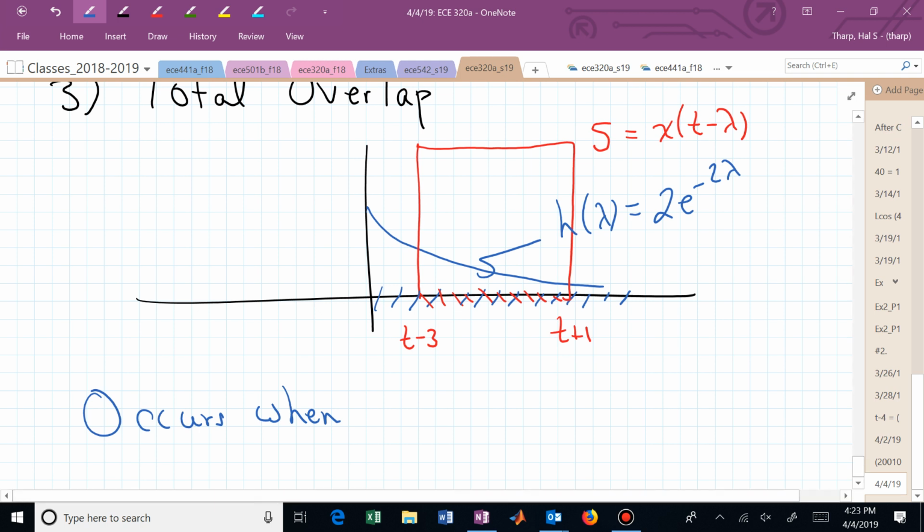So this occurs when t minus 3 slides through 0, and then it's always like this. Looks the same. We have total overlap, and this gets back to your 5 time constant question. This happens forever. When can you quit watching? Probably after the exciting part in 2.5 seconds, after it finishes, right? And we're going to figure out when that is. But here, this occurs when t minus 3 is greater than or equal to 0, or when t is greater than or equal to 3.